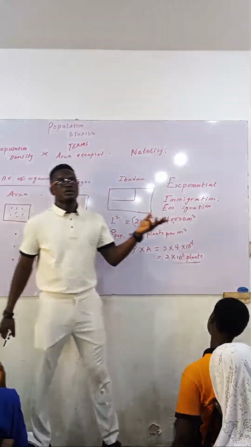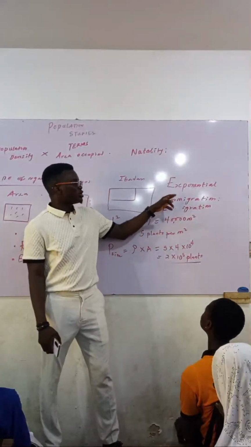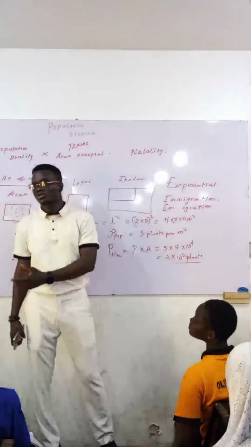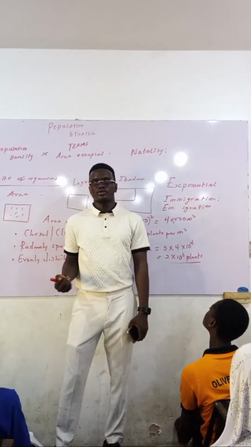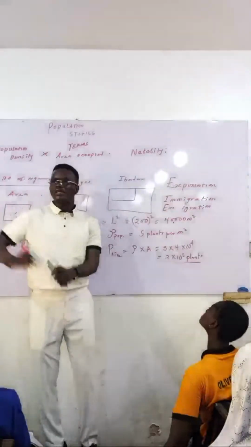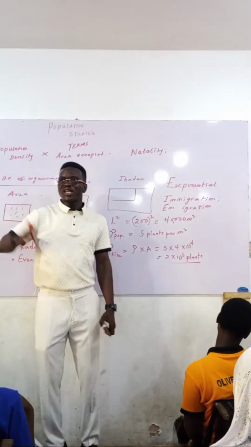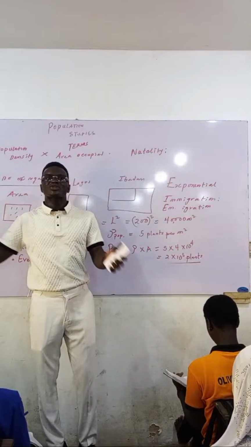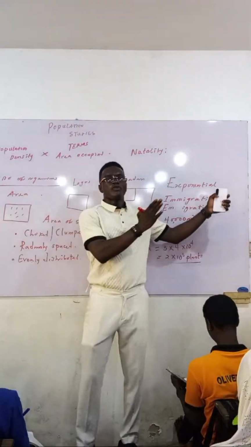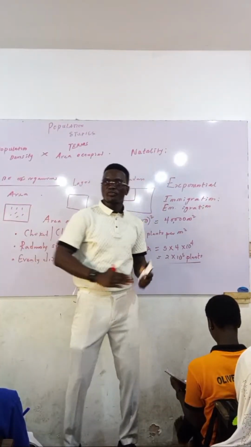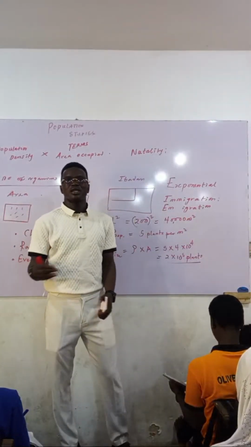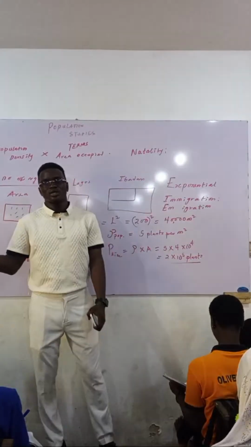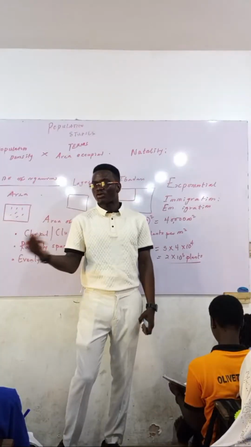So, who can explain the difference between immigration and emigration? Emigration is exiting, going out. When there is a sudden movement of a population out of a country or a particular space, we call it emigration. You remember what happened after COVID?